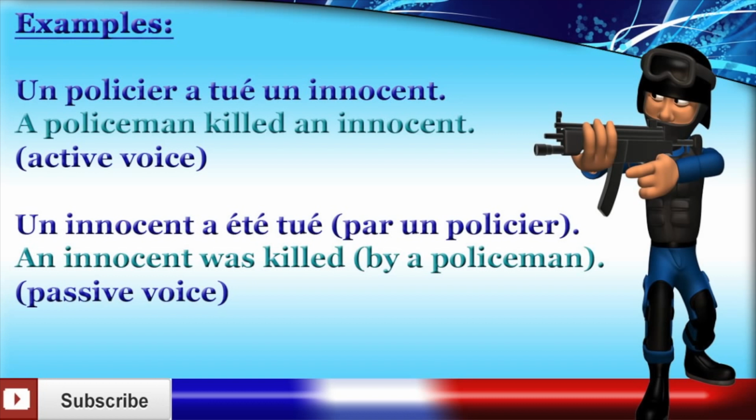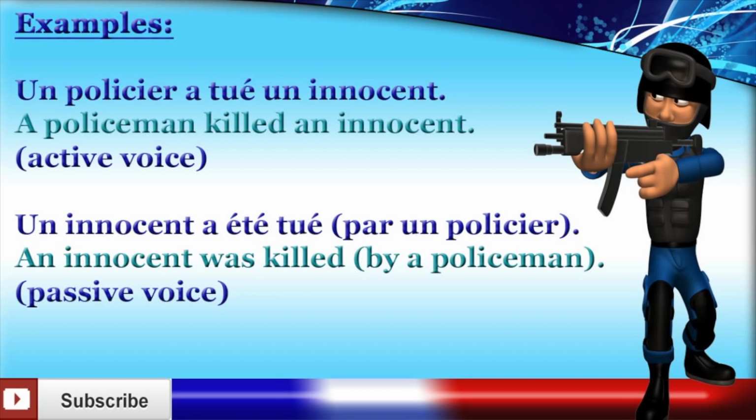Un policier a tué un innocent. A policeman killed an innocent. In the passive voice becomes un innocent a été tué, or un innocent a été tué par un policier. An innocent was killed, or an innocent was killed by a policeman.